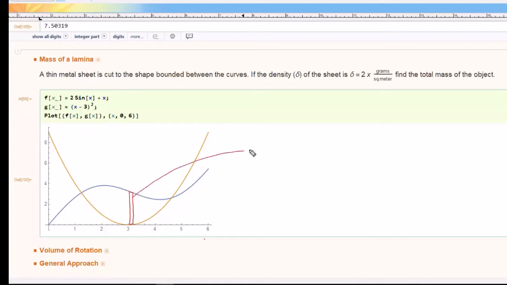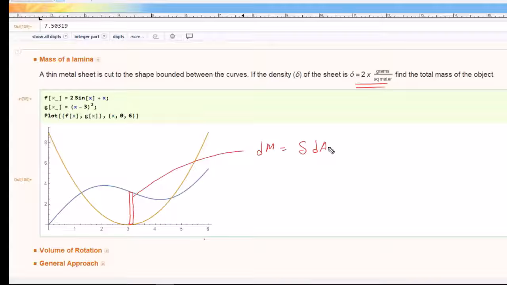So now what I want to do is say, how do I find a formula for just the mass in this thin little slice? Well, if my density function is 2x grams per square meter, then if I multiply that by an area value, by the area in my thin slice, it should give me the mass in that thin slice.